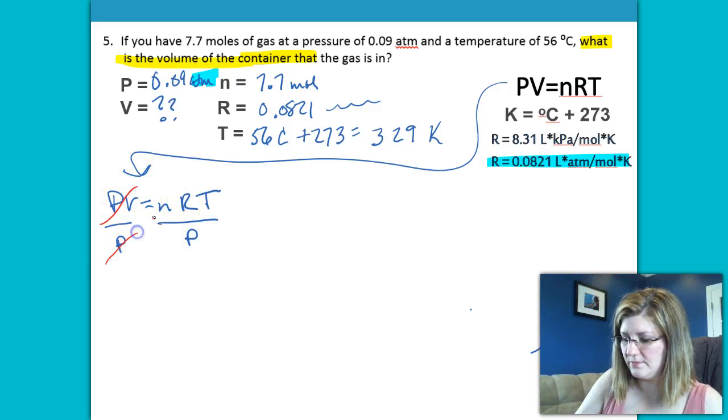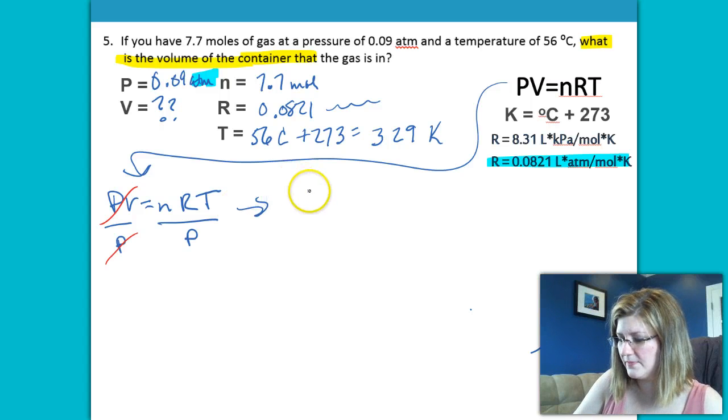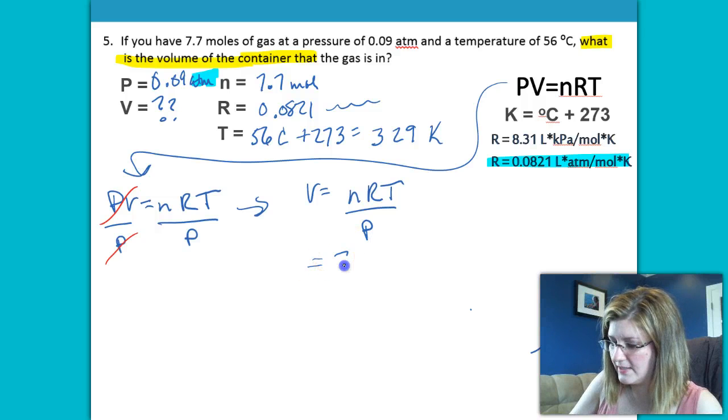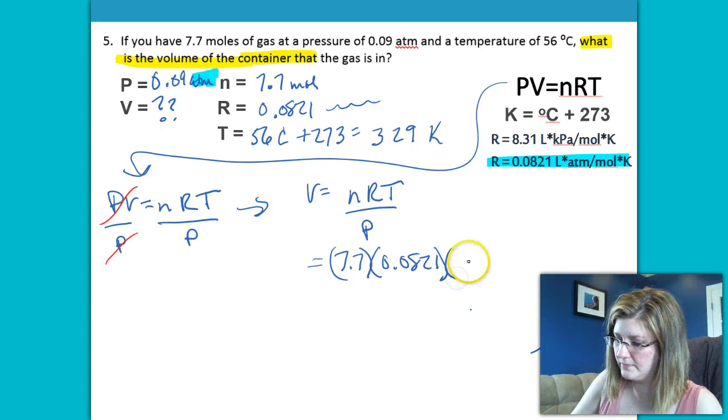Pressure cancels, and we have a new equation: V equals n times R times T, all divided by P. Substituting those values in, n is equal to 7.7 times 0.0821 times 329, all divided by pressure, which is 0.09.